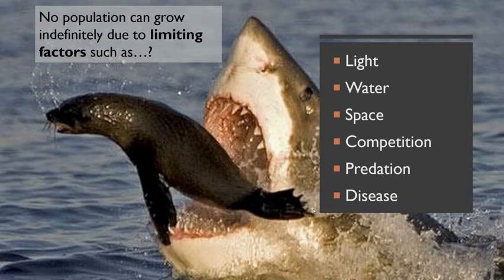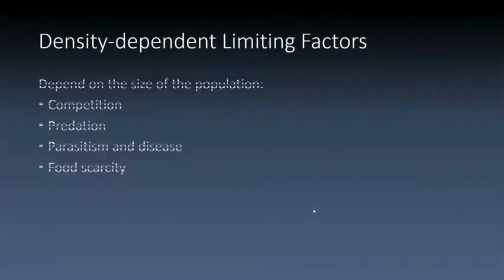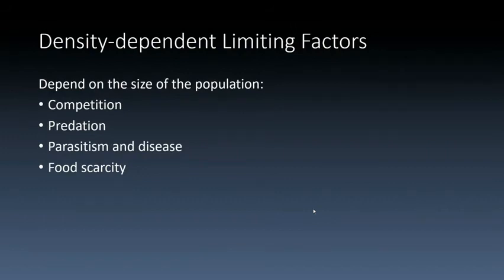So we're going to group limiting factors into two categories. One is going to be density-dependent limiting factors. So these are limiting factors that depend on the size of the population, how dense they are. So competition and predation, right? Populations that are more dense are good for predators preying on them, but it also causes more competition. So if you have a population that's more dense, individuals within that population can also be competing for resources.